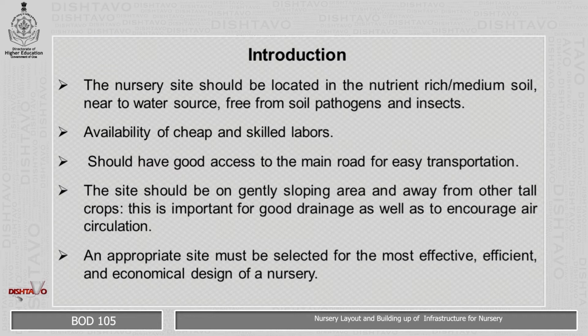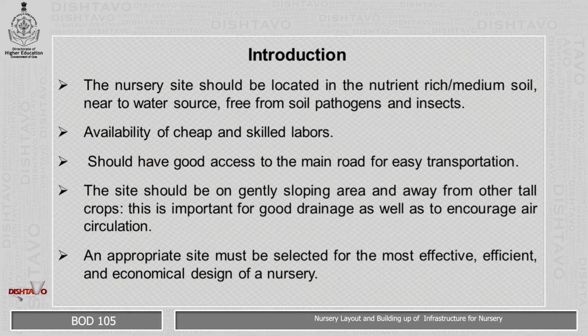Cleanliness should be maintained around the nursery so that soil pathogens and insects don't become a problem for the nursery. Availability of cheap and skilled laborers to work in the nursery also becomes an important factor for starting a nursery in a place.